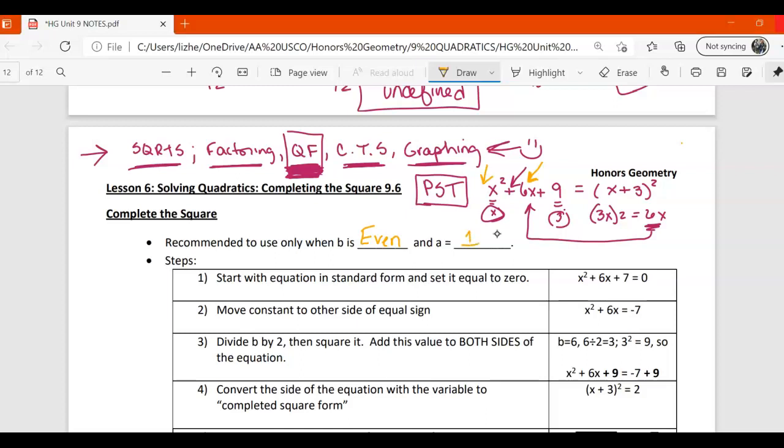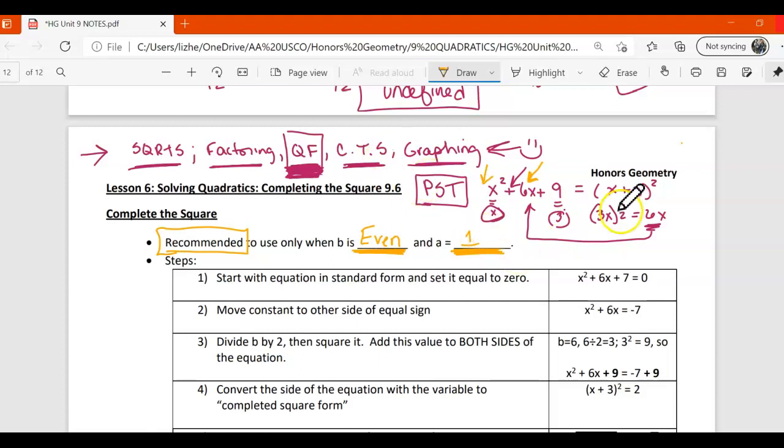Now notice, you could use it anytime, but when a is not 1 or b is not even, it creates more and more work. And so it's recommended, but you could do it at any time. In fact, in the future, like in pre-calc, we'll do it all the time. But for now, we're going to just use these boundaries. We want b to be even and a, the coefficient in front of x squared, to be a 1.